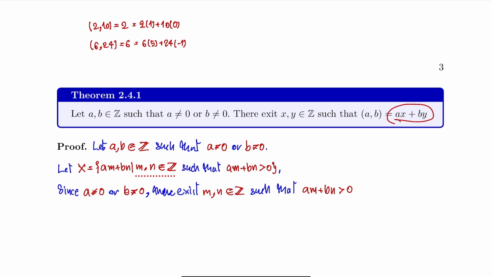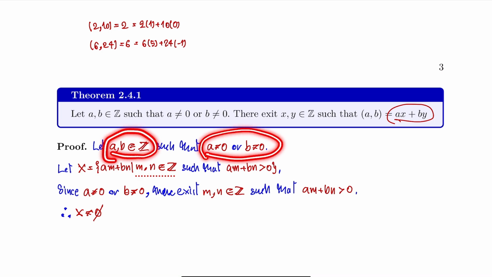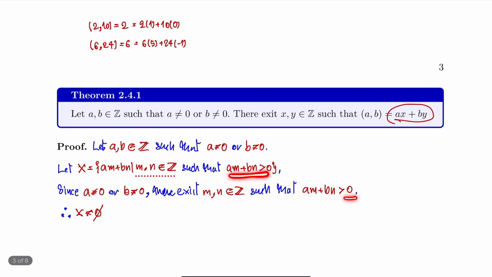So it's obvious that for any two integers satisfying this condition, set X is not empty, because you can find integers m and n such that am plus bn is greater than 0, which satisfies this set.